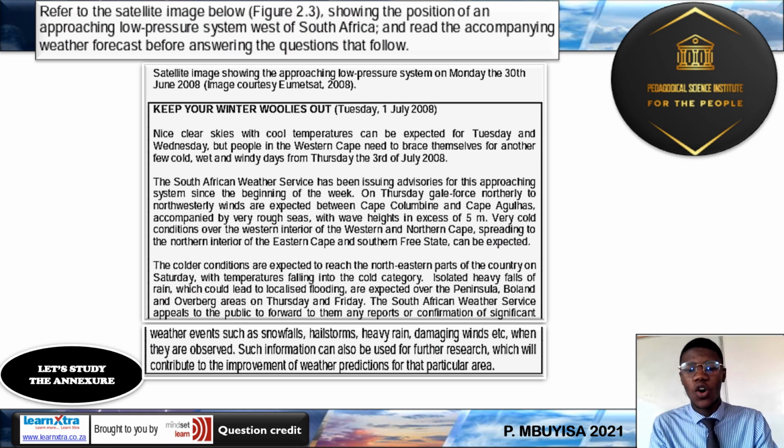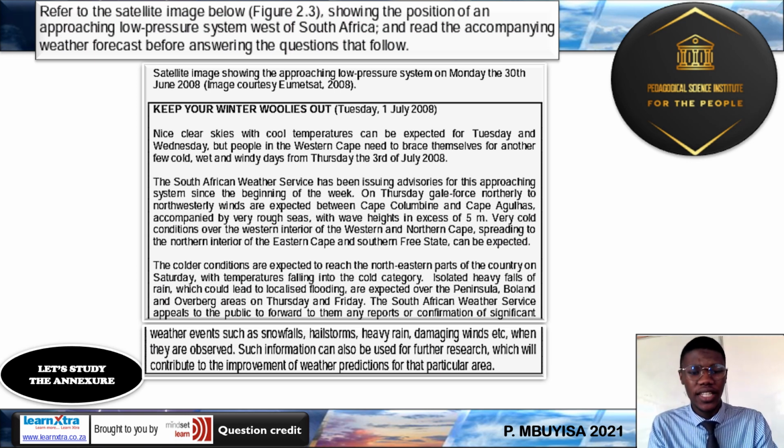The South African Weather Service has been issuing advisories for these approaching system since the beginning of the week. On Thursday, the gale force northerly to northwesterly winds are expected between Cape Columbine and Cape Agulhas, accompanied by very rough seas with wave heights in excess of 5 meters.